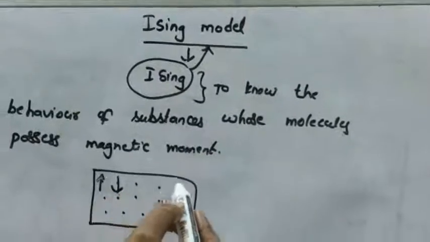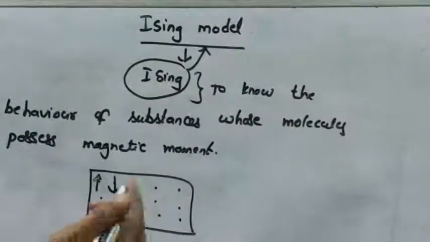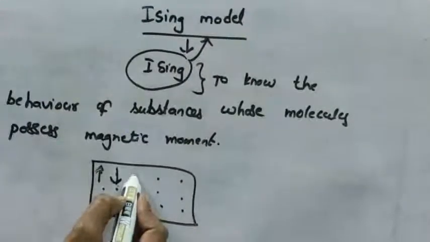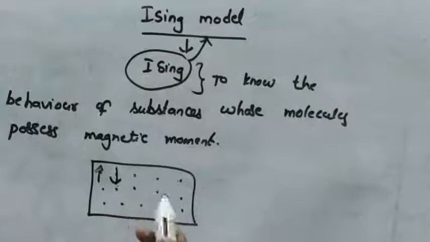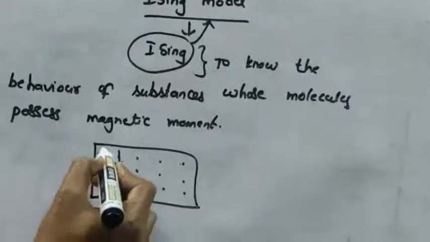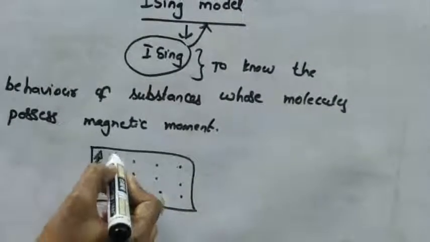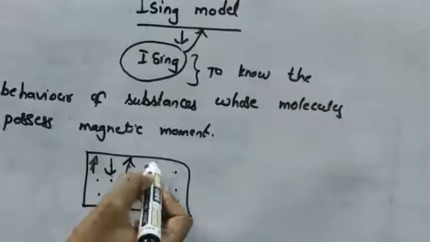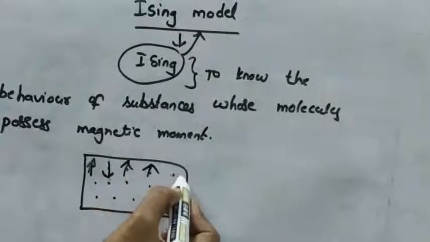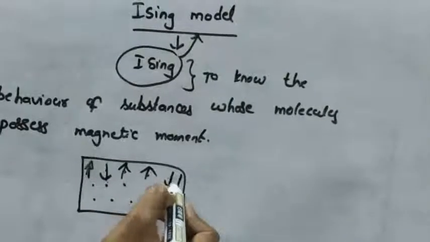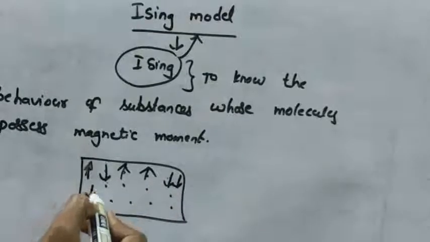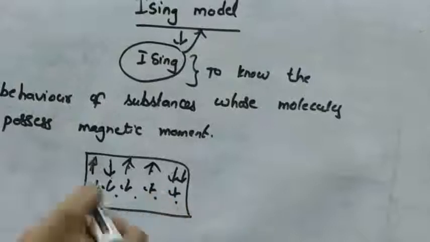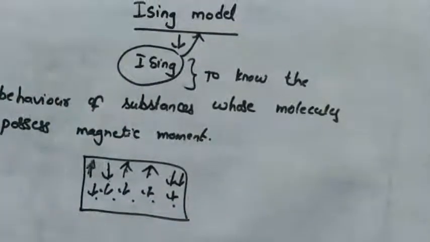Each molecule in a substance is arranged in a regular manner, and each molecule possesses the spin. For example, the first molecule has up spin and the second molecule has down spin. Third molecule up spin, fourth molecule up spin, fifth molecule down spin, sixth molecule like that. Each and every molecule exhibits spin either upside or downside.